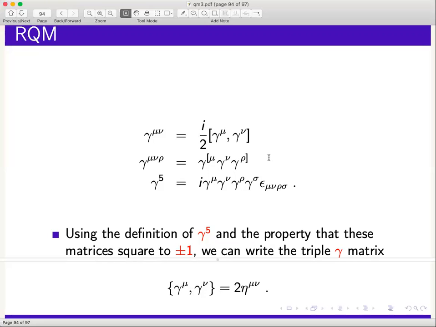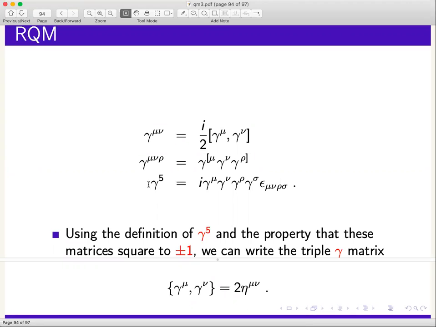Now you see that you have gamma mu, gamma nu, gamma rho, gamma sigma times gamma sigma. You can use the first 4 gamma matrices and convert that into gamma phi, and then you are left with a single gamma matrix with index sigma.